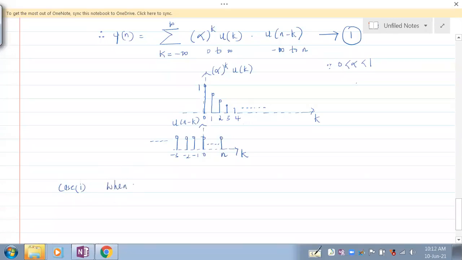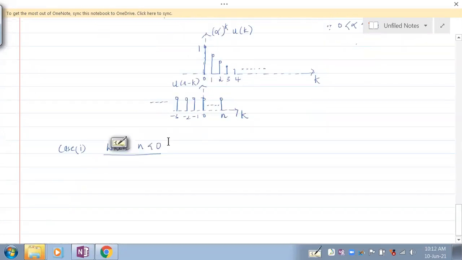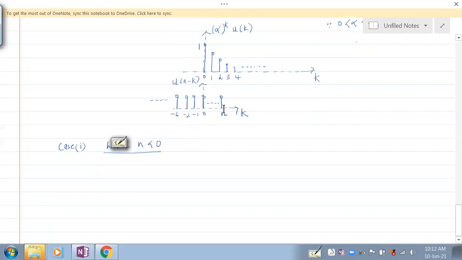When n is less than 0, you should not write less than or equal to. If you write less than or equal to, it's gone. When it is equal to 0, there is one pair of players handshaking. For handshaking not to happen, this n should not come at 0. That means this n should be somewhere here.